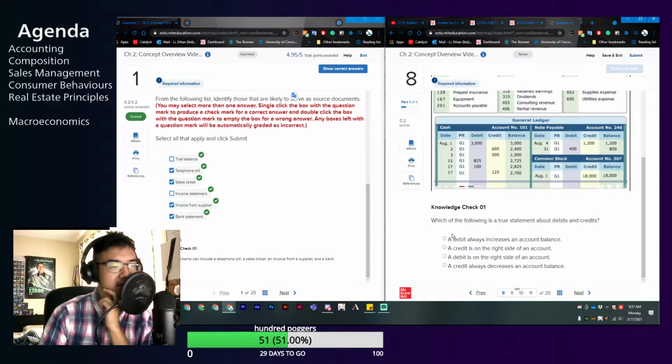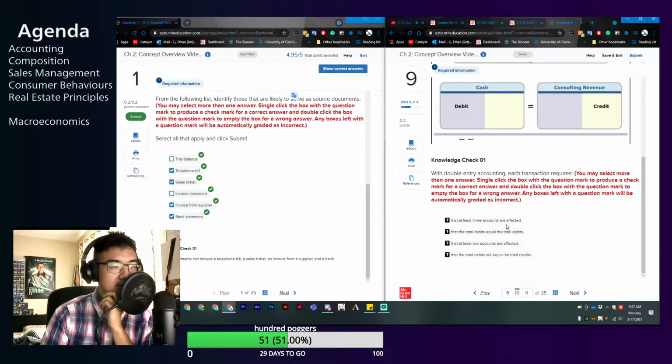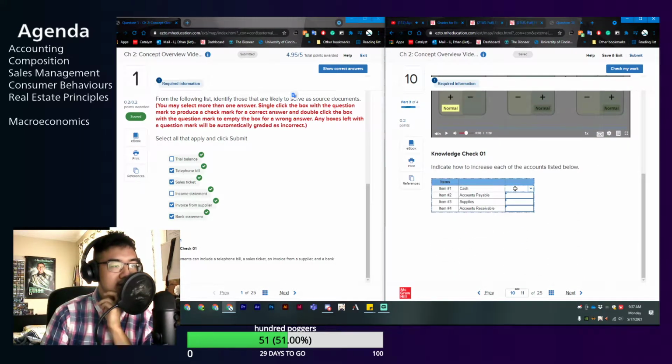Which of the following is a true statement of debits and credits? Debit's always on the right side. Wait, credit's always on the right side. Let's see. Two accounts, debits equals credits. Let's see how to increase.